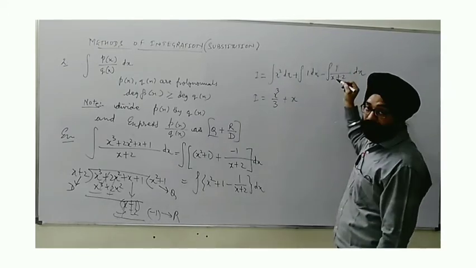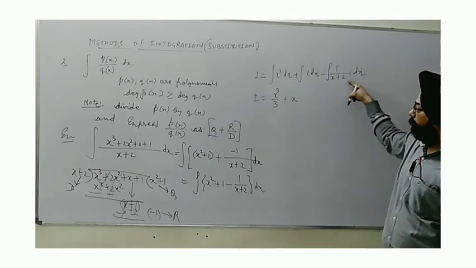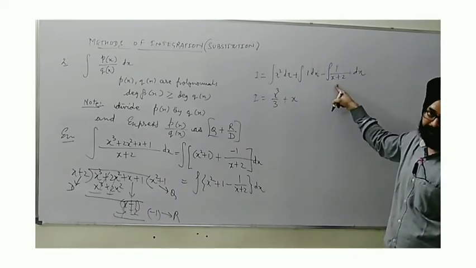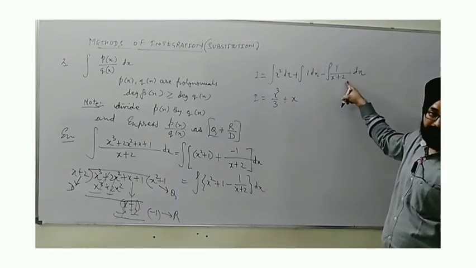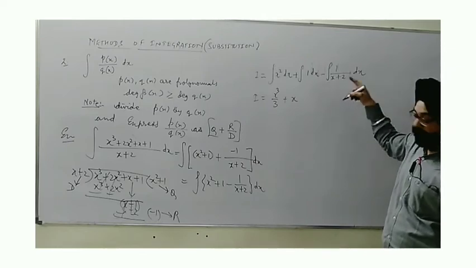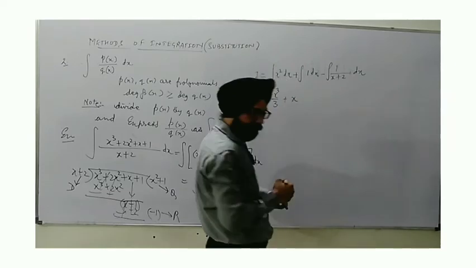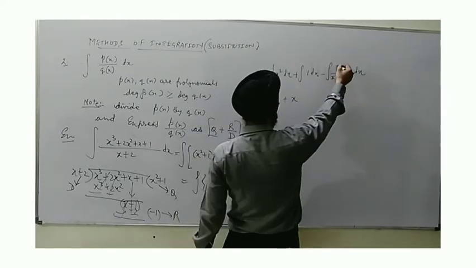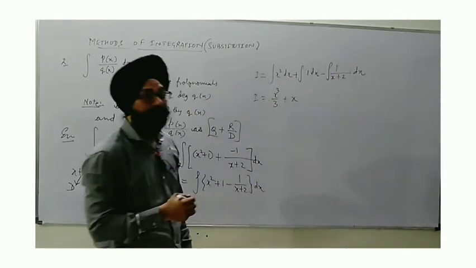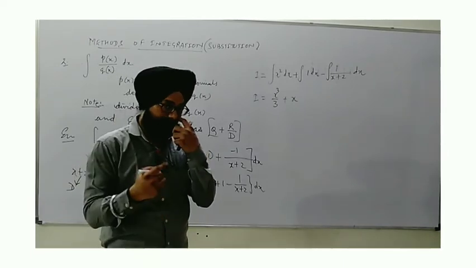This one, 1 upon x plus 2, is a linear polynomial, and here we have to apply the substitution method. Otherwise, if you are doing it directly, it can be written as 1 upon x, so its integration will be log of x plus 2.